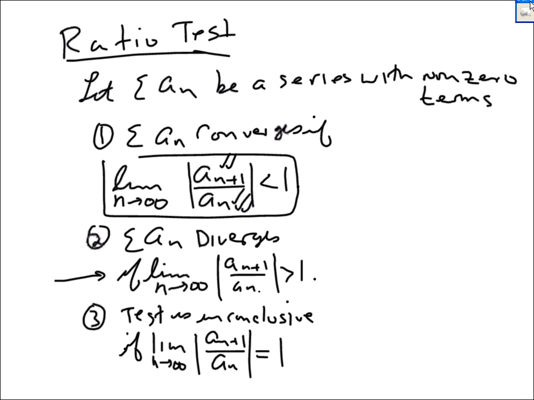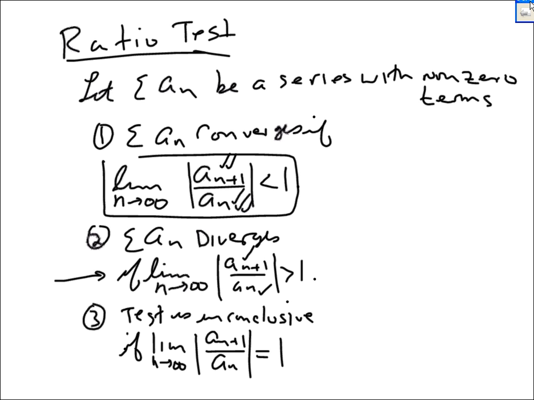Well, you have a sub n, and then you have the next term. If you divide a sub n plus 1 by a sub n and you get more than 1, that means the numerator was bigger. The next term is bigger than the smaller term. The terms keep getting bigger. How can it converge? That's the one that diverges. That's how I remember it.